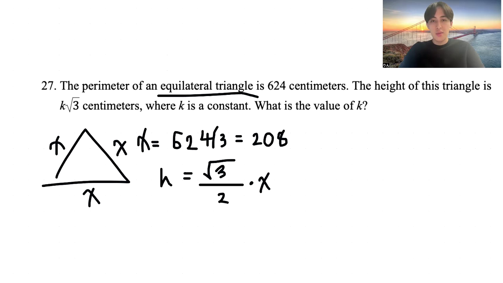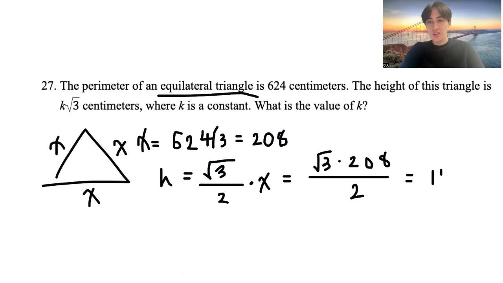So the height is the square root of 3 times 208 over 2. We can simplify by doing 208 divided by 2, which is 104. So the height of this triangle is 104 times the square root of 3.